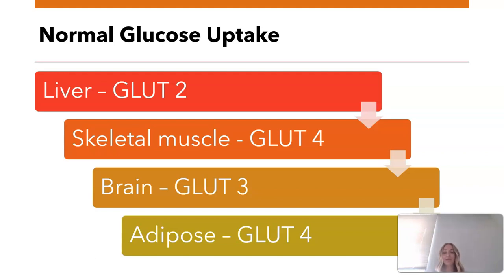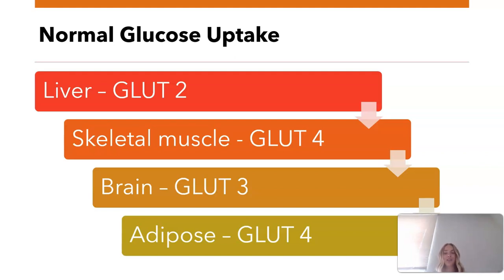So, glucose uptake can be insulin sensitive or insensitive. Insulin is secreted in response to high blood glucose levels. So, when they consume the glucose, their blood glucose obviously raised.